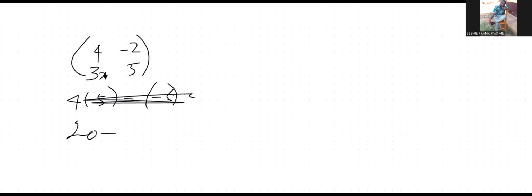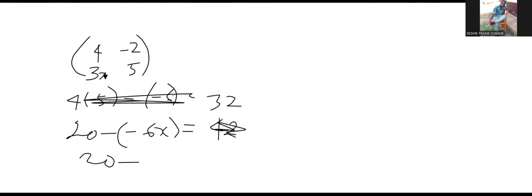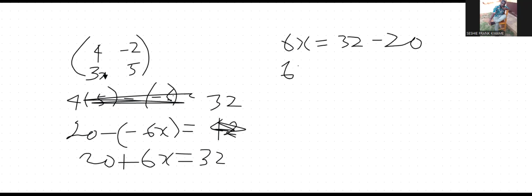And that should give us the determinant, which is 32. So that will be 20 plus 6x is 32. So 6x is 32 minus 20. So 6x is 12, divided through by 6. So x is equal to 2.